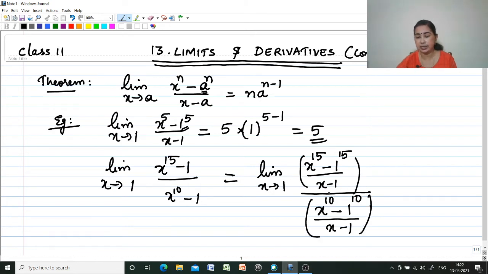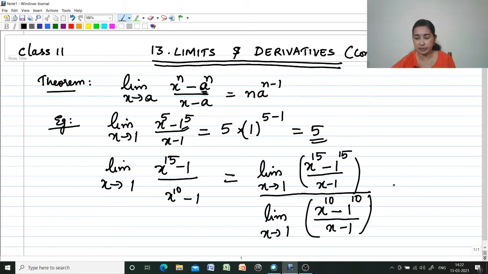If I take this as a reciprocal, that x minus 1 will get cancelled. So limit x tends to 1, x raised to 15 minus 1 raised to 15 divided by x minus 1, we can apply the limit. The same way for the denominator also we can apply the limit. So in the numerator and denominator we are applying the limit that x is tending to 1.